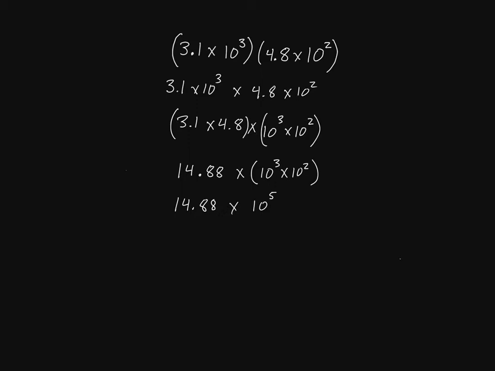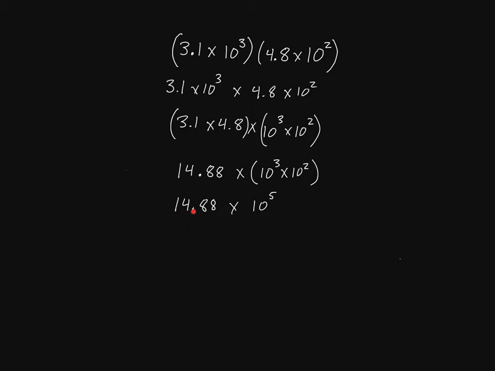Now, this number is not in scientific notation, and we're trying to get it to scientific notation. Remember that scientific notation means that you have a number between 1 and 10. It can be equal to 1, but it cannot be 10.